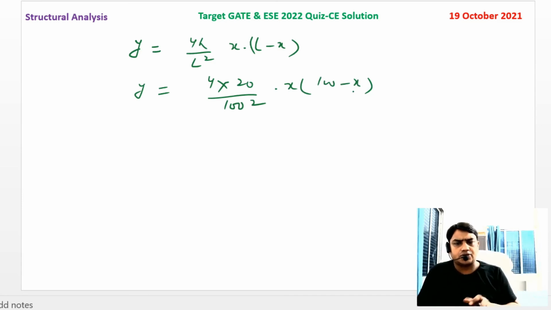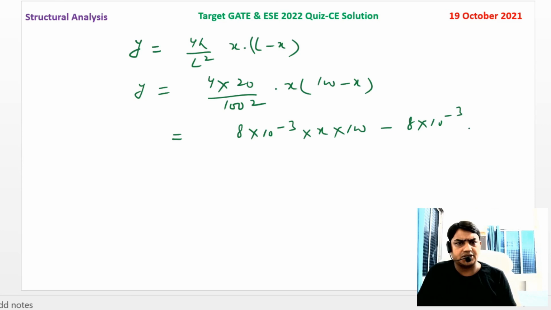That is 8 into 10 to the power minus 3 into x into 100 minus 8 into 10 to the power minus 3 x square.